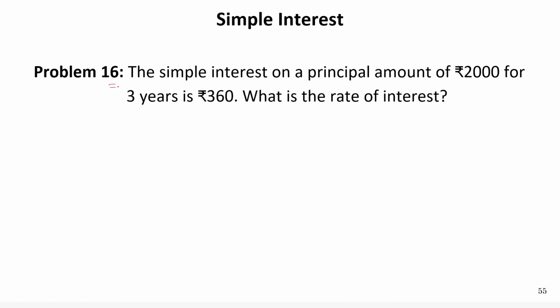So let's see problem number 16. The simple interest on a principal amount of 2000 for 3 years is 360. What is the rate of interest? So SI is equal to PRT by 100. So R is equal to SI into 100 by PT.